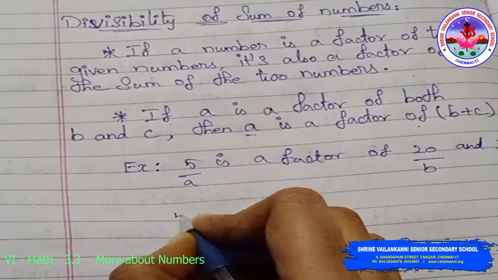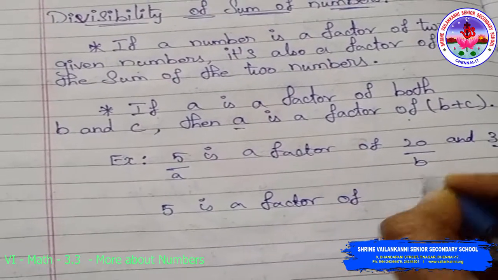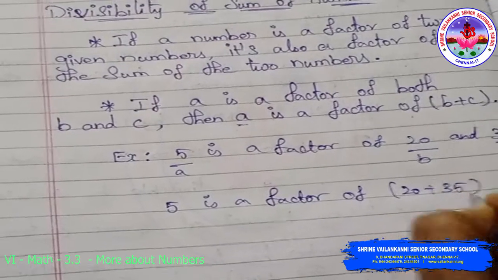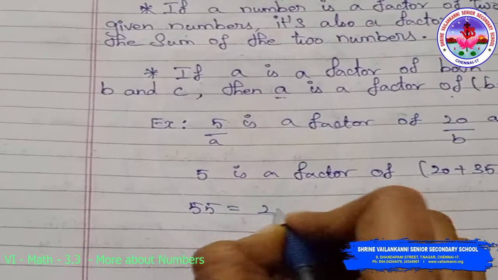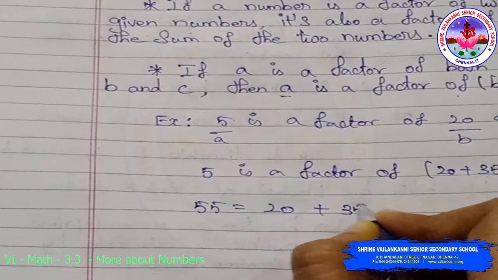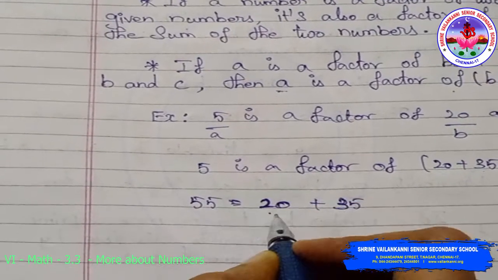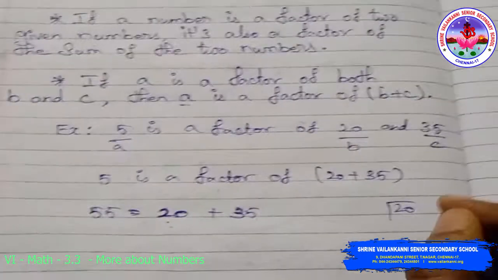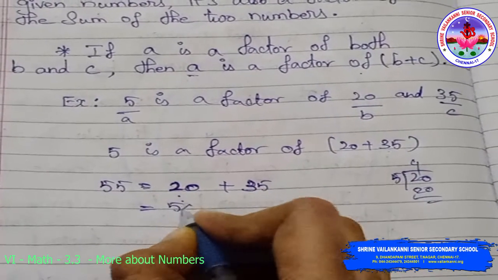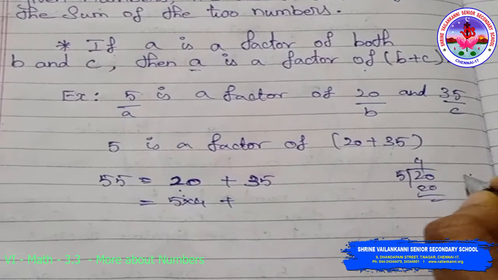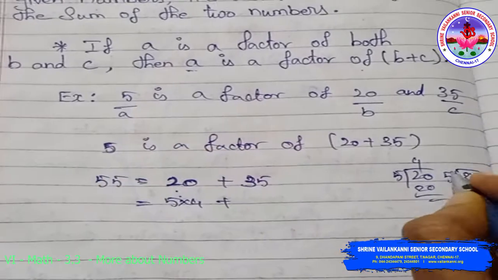5 is a factor of B plus C, meaning 20 plus 35. 20 plus 35 is 55. Here 5 is the factor, so you can divide 20 by 5, that is 4 times. So 5 into 4. 35 divided by the same 5, 7 times.